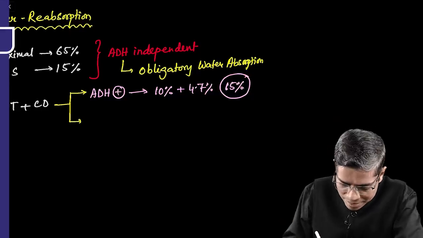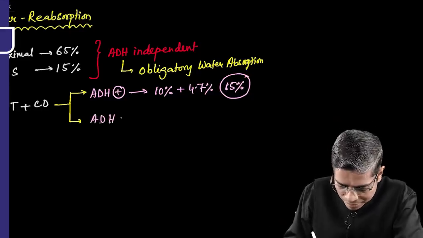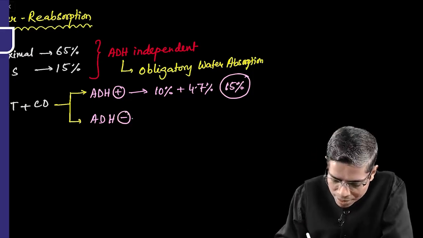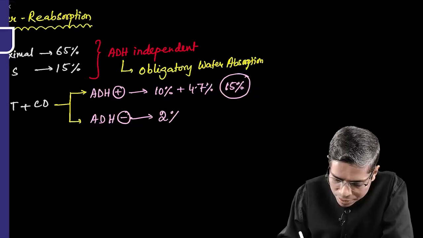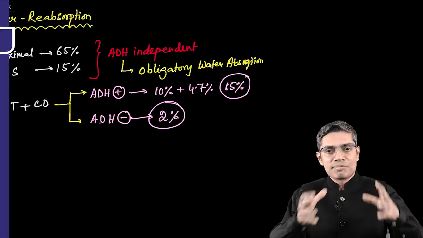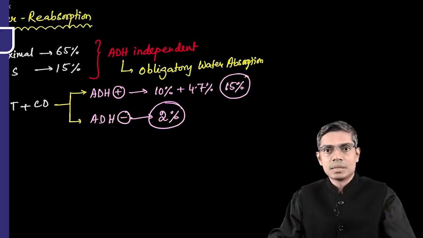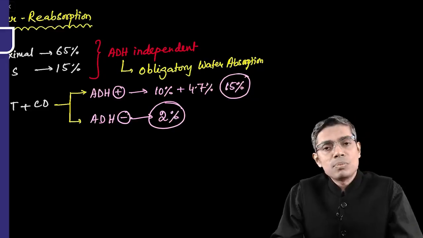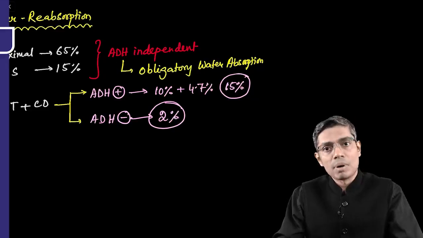But if ADH is absent, then only 2% water will be reabsorbed in the DCT and collecting duct. So getting my point, 15% here and 2% there. Means in the absence of ADH, the distal tubule as well as the collecting duct is almost impermeable to water.